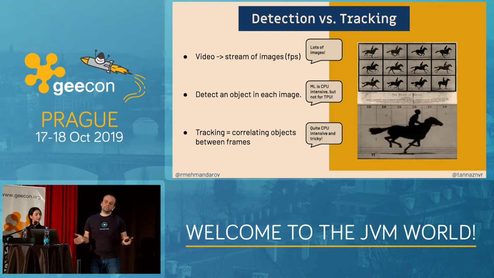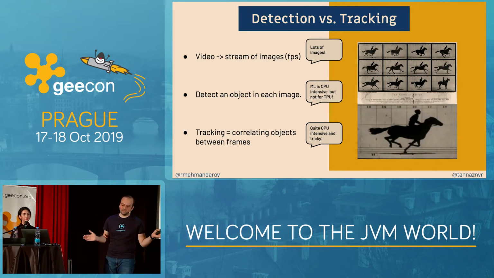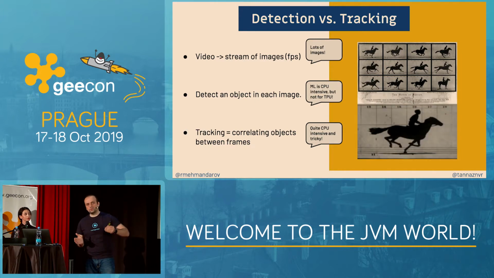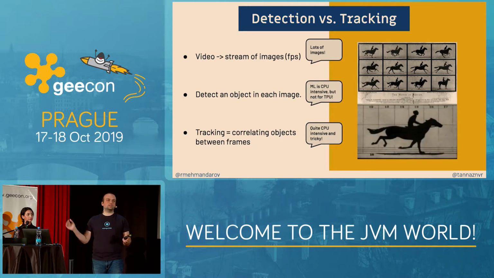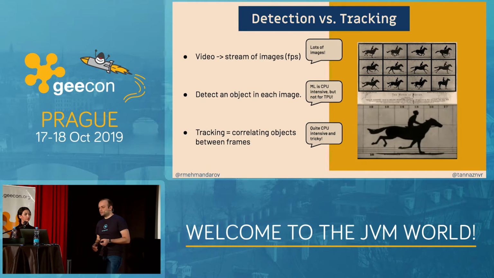So the point is that video is a set of images. Ever since that time, the late 1800s, it's been a set of images, just going faster after each other. So what has been changing since that time is the resolution of those images and how fast they change.